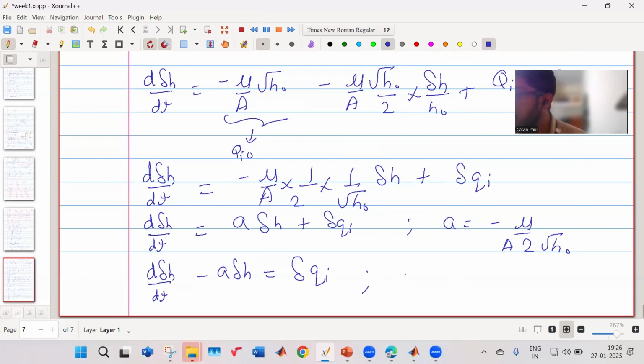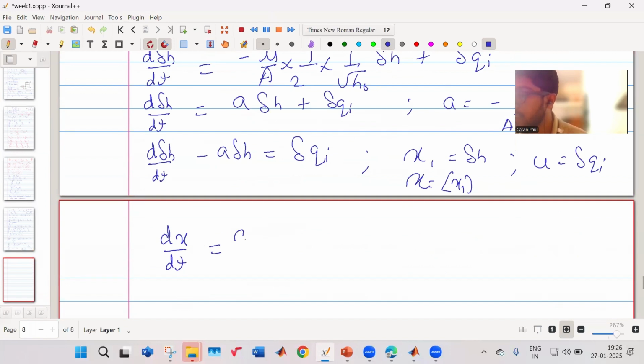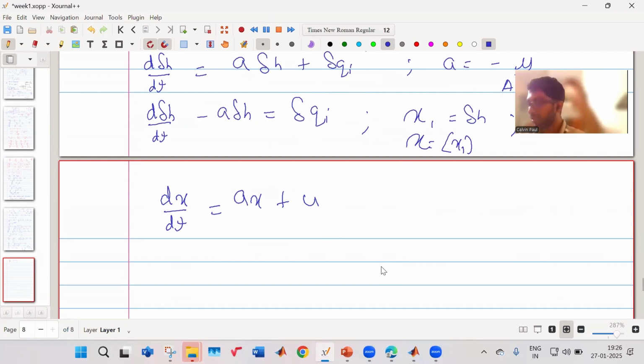Or we can write, this is my x state, x1 is delta h, and my x is just x1, and my u is delta qi. So we will get dx by dt equal to a into x plus u, right? So this is like the linearized equations.